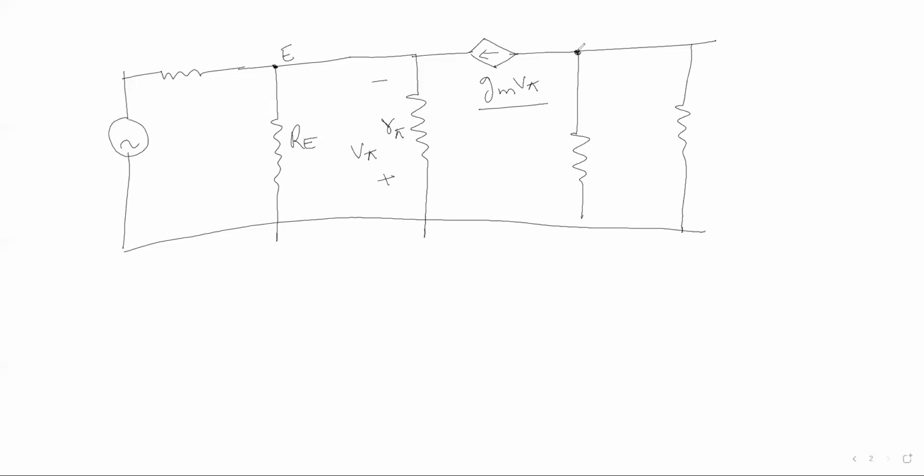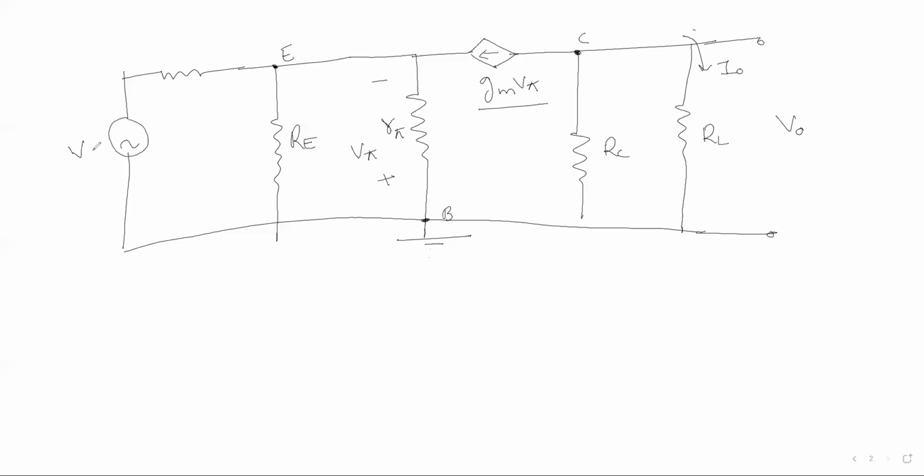This is your emitter, this is your collector, and this is your base terminal. Okay, this resistance is RC, and this resistance is RL, and output across this resistance is equal to V naught, and current flowing through here is equal to I naught.